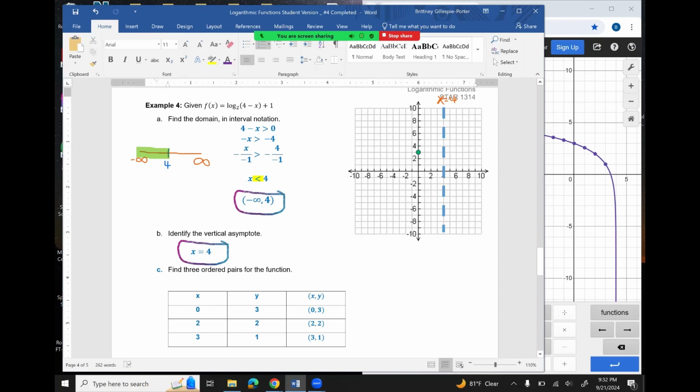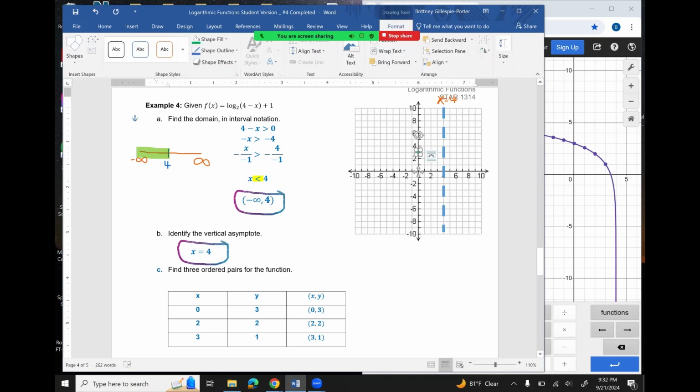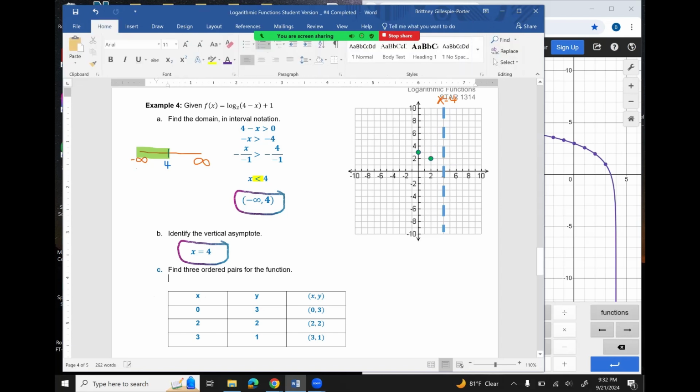Okay, so I have 0, 3. I need one at 2, 2. So 2, 2. And then I need another ordered pair at 3, 1. So go to x equal 3, go up 1. There we go.